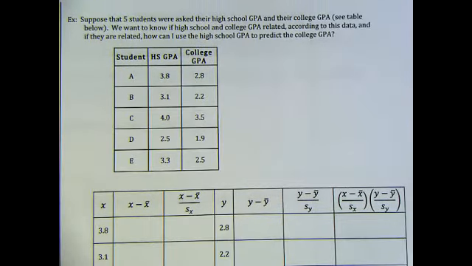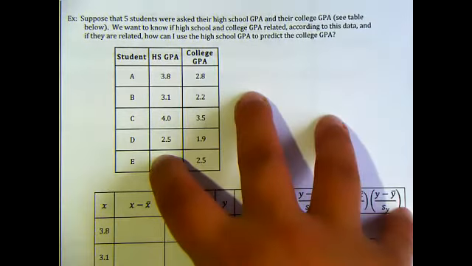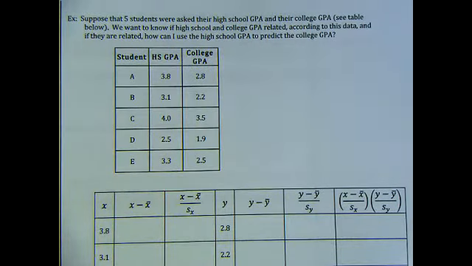Okay. So I'm going to mute myself. All right, Kelly, I was saying you guys have 15 minutes to work on this example here. So suppose 5 students were asked their high school GPA and their college GPA. We want to know if high school and college GPA are related according to this data.